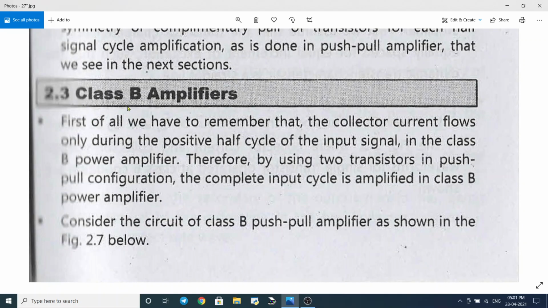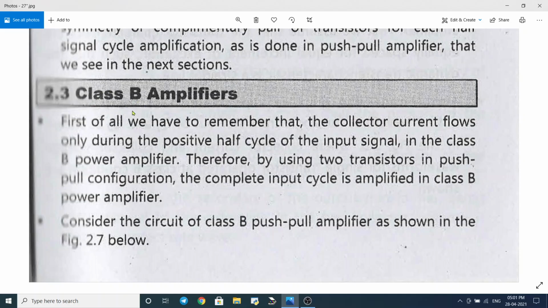Let us now see the next point, class B amplifiers. Class B power amplifiers. We know power amplifiers are classified as class A, class B, class AB and class C amplifiers. In class A amplifiers, the collector current flows for the full cycle of the input signal.